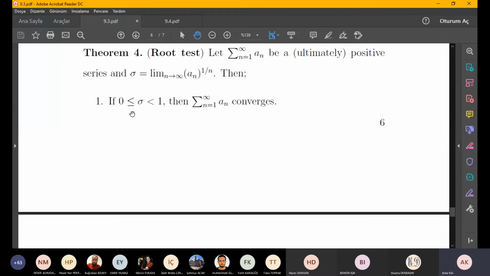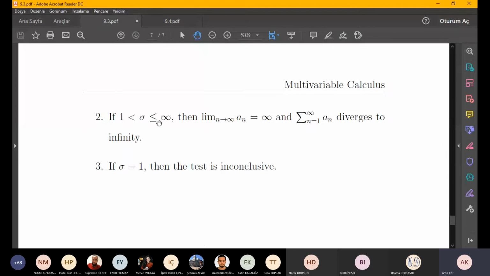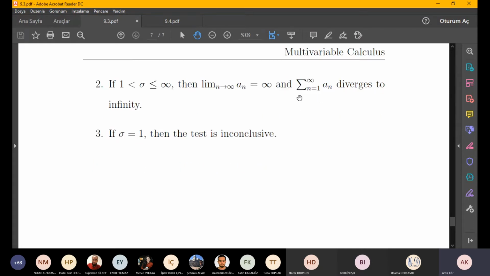So the cases are like that: if that limit is greater or equal to 0 and smaller than 1, then that gives that your series is convergent. If it is greater than 1 and smaller or equal to infinity, which gives the limit of your general term infinity, that concludes your series is divergent.